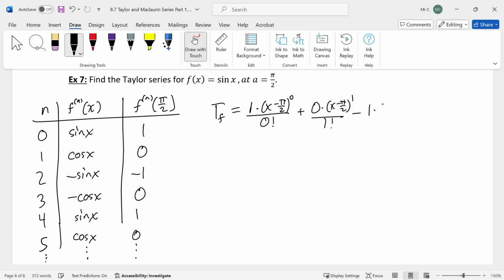Minus 1 times x minus pi over 2 to the second power over 2 factorial. Plus 0 times x minus pi over 2 to the third power over 3 factorial. Plus x minus pi over 2 to the fourth power over 4 factorial. And that's plenty.